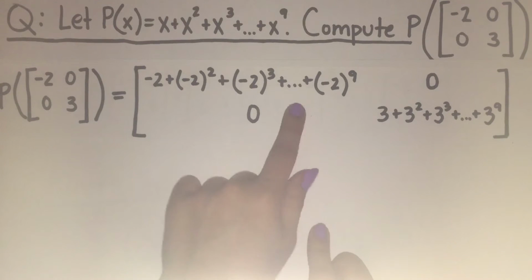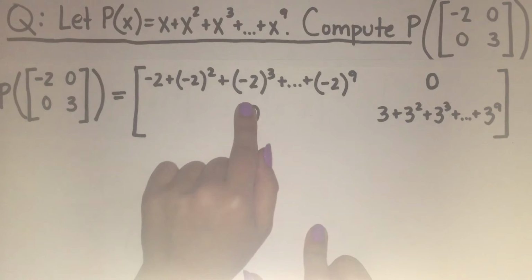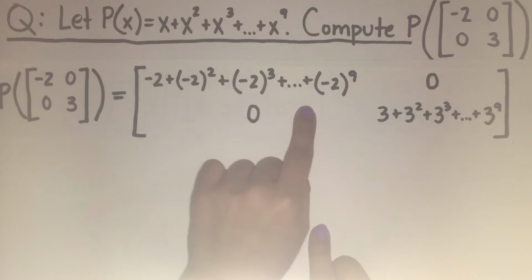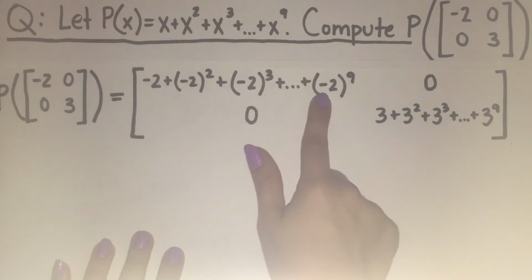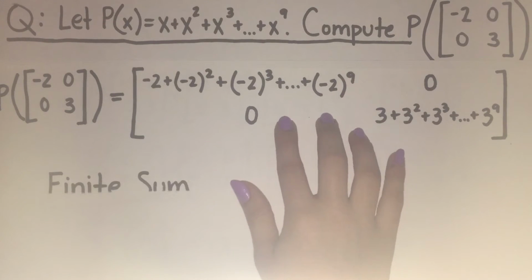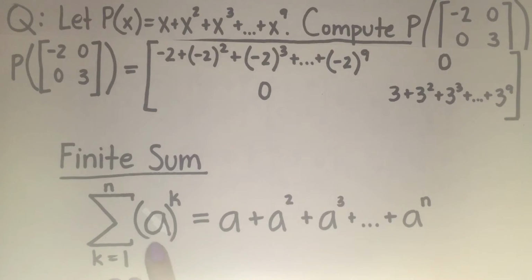Now, to solve these, we could just add them all up, including -2 to the fourth power, -2 to the fifth power, but what we are going to use is a finite sum. A finite sum is very helpful when we have these long sequences. Here is the finite sum we are going to use. The starting number of k is 1, and the ending number is n.